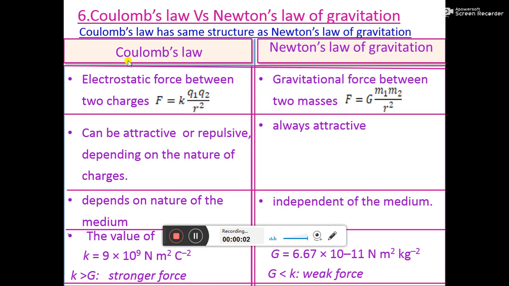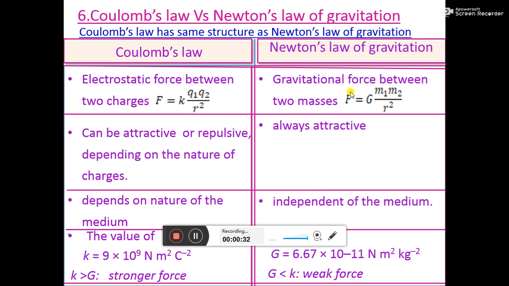The next aspect is Coulomb's law has the same structure as Newton's law of gravitation. According to Coulomb's law, the electrostatic force between two charges is equal to K into Q1 Q2 divided by R squared. According to Newton's law of gravitation, the gravitational force between two masses is equal to G into m1 m2 divided by R squared.